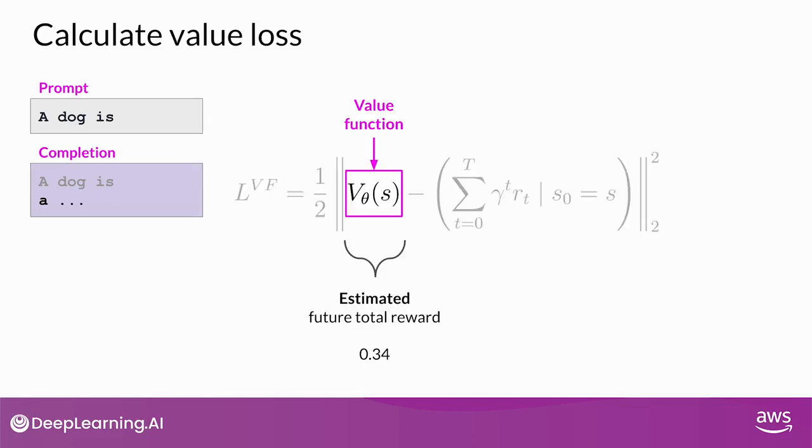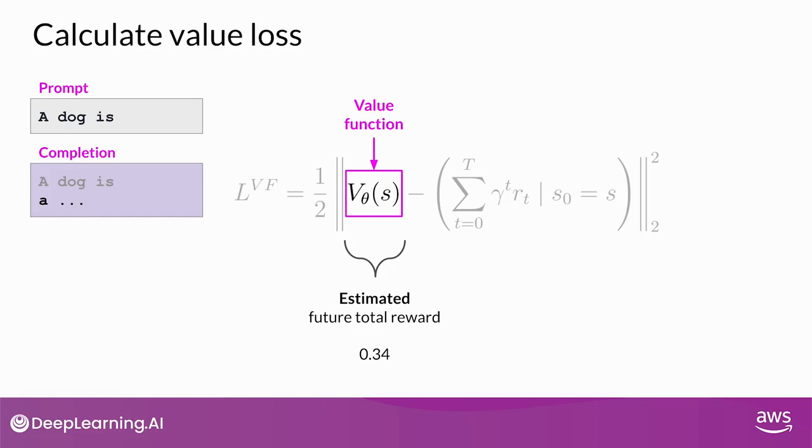The value function estimates the expected total reward for a given state S. In other words, as the LLM generates each token of a completion, you want to estimate the total future reward based on the current sequence of tokens.